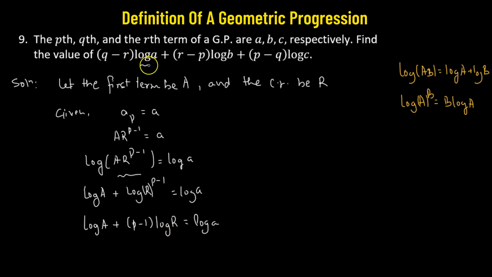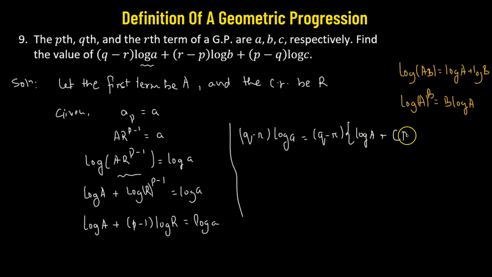Now in our expression we have the coefficient of log of a as q minus r. So we're going to multiply q minus r on both sides. So we'll have q minus r multiplied to log of a. I am writing log of a on the left hand side instead of the right hand side, and this will equal q minus r multiplied to log of A plus p minus 1 times log of R, which is going to give us the value.